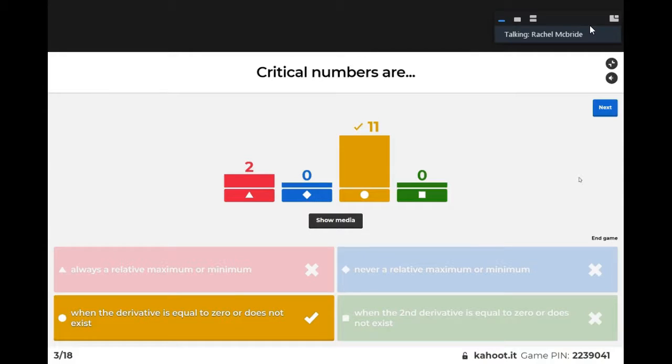Yeah, critical numbers are when the derivative is equal to 0 or does not exist. Great job, guys.